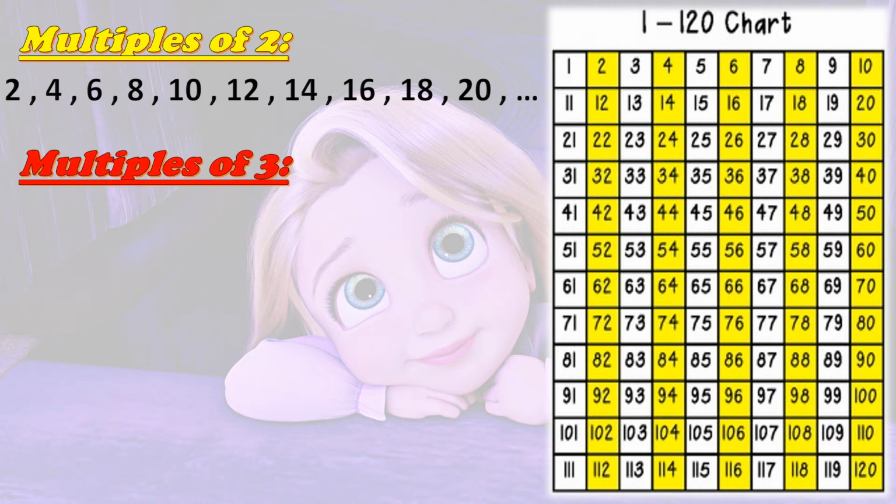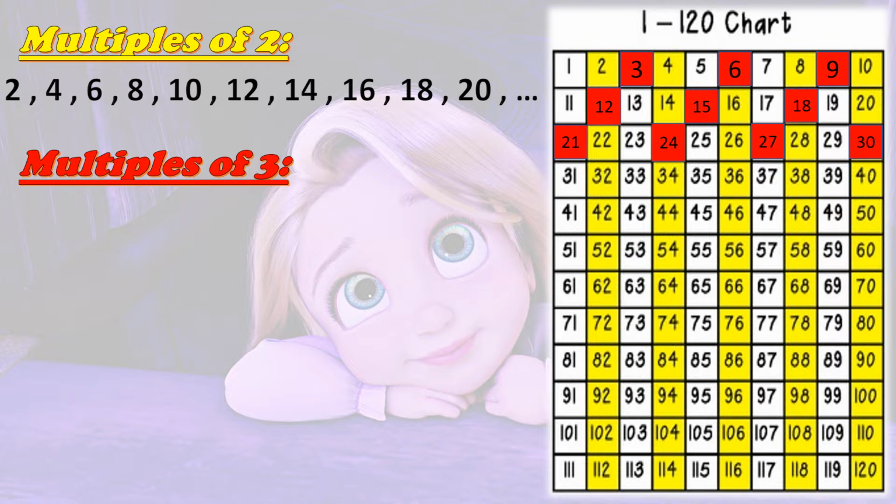Let's go now to multiples of 3. We will also use 120 chart to know and represent multiples of 3. I will start from 3 and after that skip counting by 3. So I will color 3 with another color, skip counting 1, 2, 3.